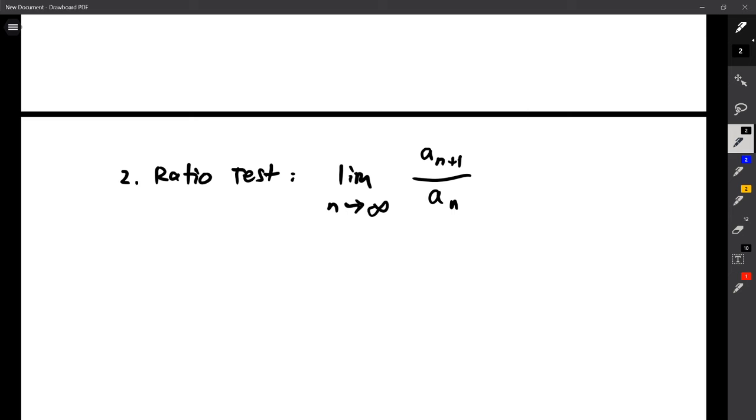And what you do is if you have a sub n as some representation of the term in terms of n, then a sub n plus 1 is just take wherever there's an n and swap in an n plus 1. So let's do an example of what that looks like. Let's go with, yeah, this one.